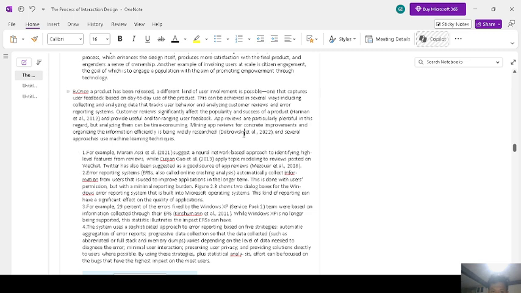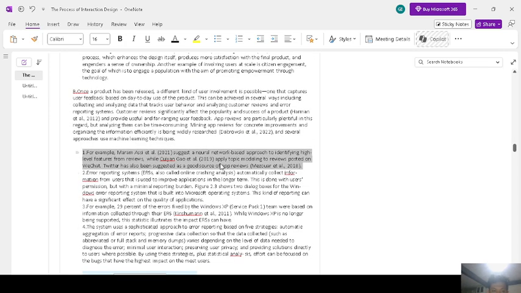Customer reviews significantly affect the popularity and success of a product, based on 2012 research, and provide useful and far-reaching user feedback. App reviews are particularly plentiful in this regard, but analyzing them can be time-consuming. Mining app reviews for improvements and organizing information efficiently is being widely researched, and several approaches use machine learning techniques.